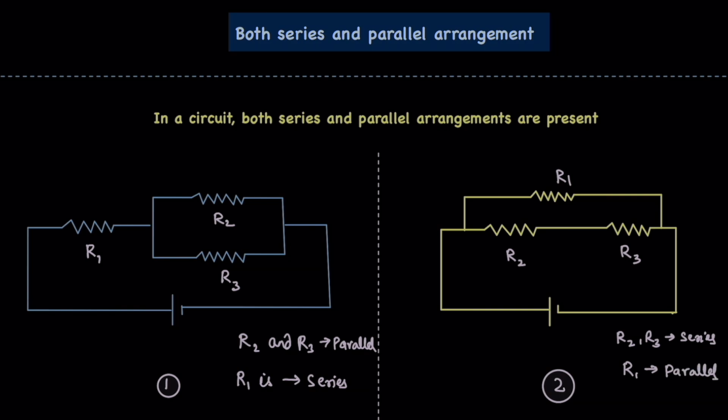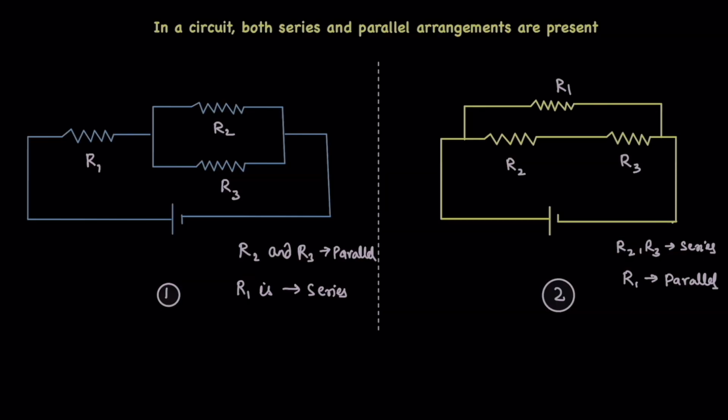For this type of circuit, we have to first identify where to start finding the resistance. In the first figure, we first find the resistance of the parallel part and then the resistance of the series part. Similarly, in the second figure, we first find the resistance of the series part and then the resistance of the parallel part.